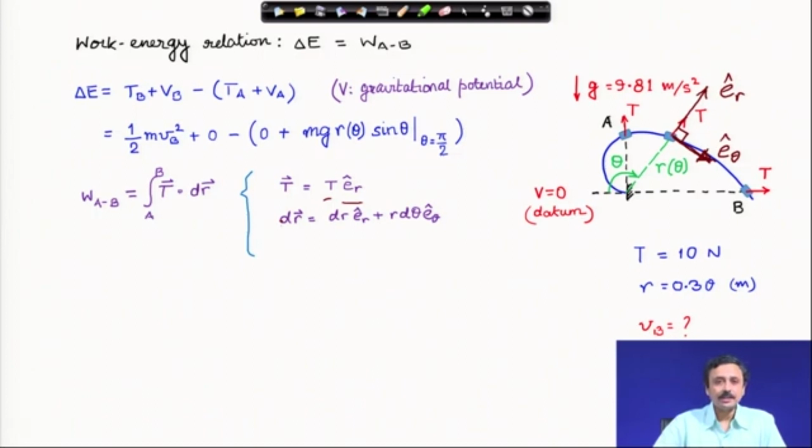This is the general infinitesimal displacement vector in a polar coordinate system.